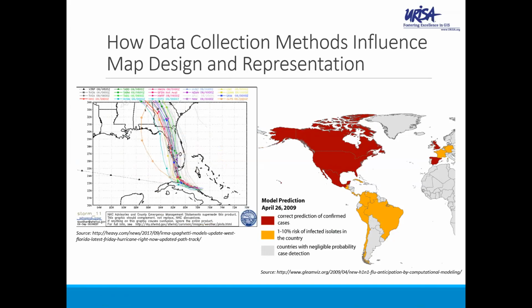On the left, we see the different predicted paths for Hurricane Irma as she was coming up the Florida coast. Now imagine if that scale was similar to the graphic on the right. Floridians such as myself would have had no idea if I needed to evacuate, because the scale was much too large for me to be able to tell where her projected path was.